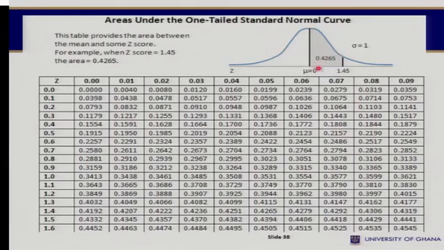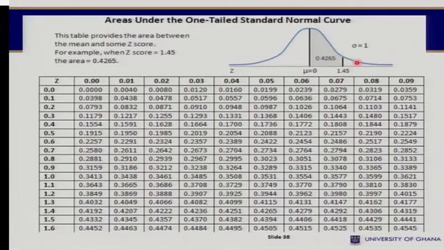So the half of it, the half to the right of 0, must be what? 0.5. And if the shaded part is 0.4265, it means the unshaded part must be 0.0735.